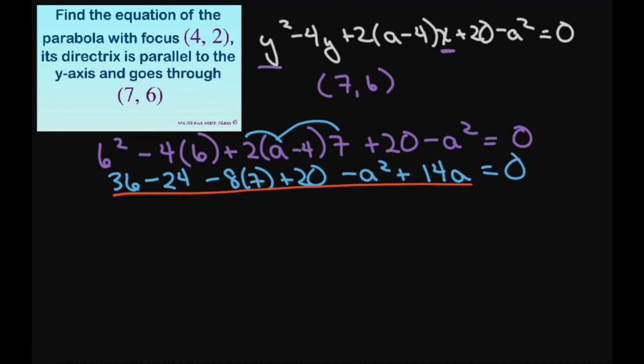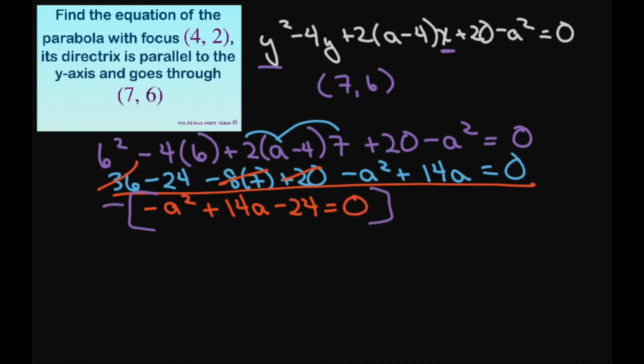If I simplify all this, we would get negative a squared plus 14a plus 24, and the rest will cancel, equals 0. And I want my a to be positive, so let's just negate that.